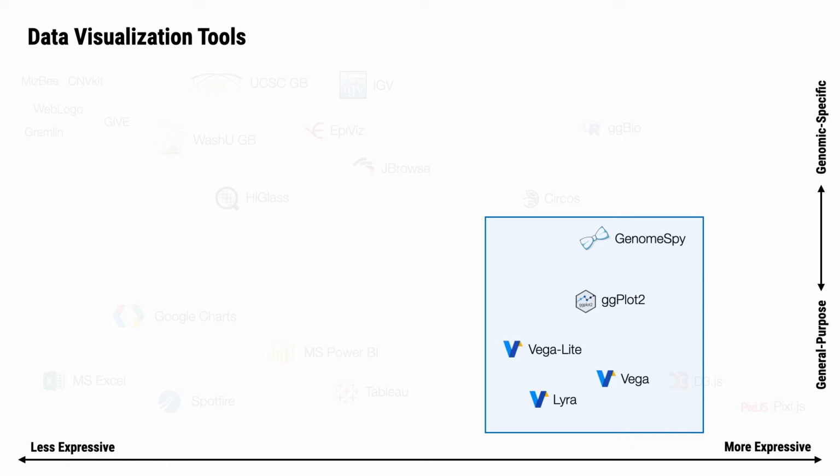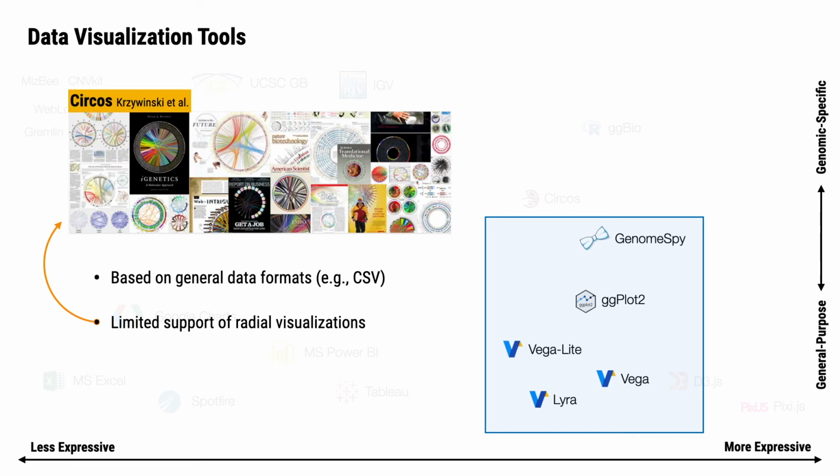More generic tools like Vega-Lite and ggplot also have several limitations. First, they are based on tabular data format. This means genomic experts need to first manipulate datasets prior to using them. They also do not fully support a wide range of genomics visualizations.